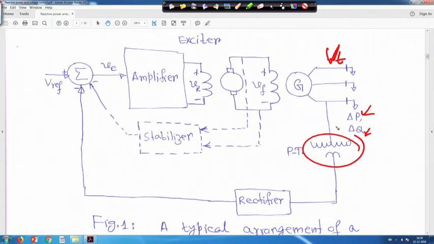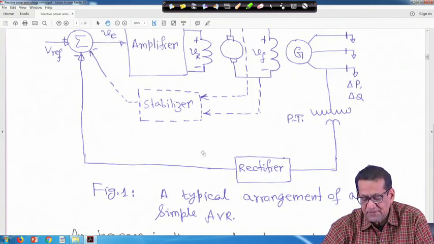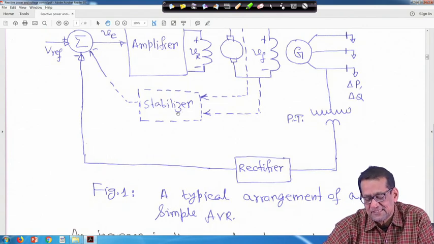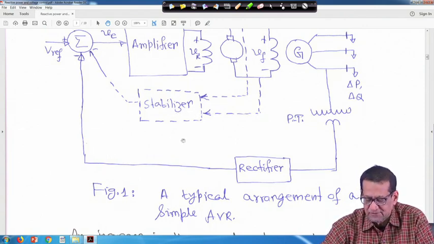This is a typical schematic arrangement of an automatic voltage regulator, AVR. The dashed line, the stabilizing transformer, we will consider later. First we will consider the rest.